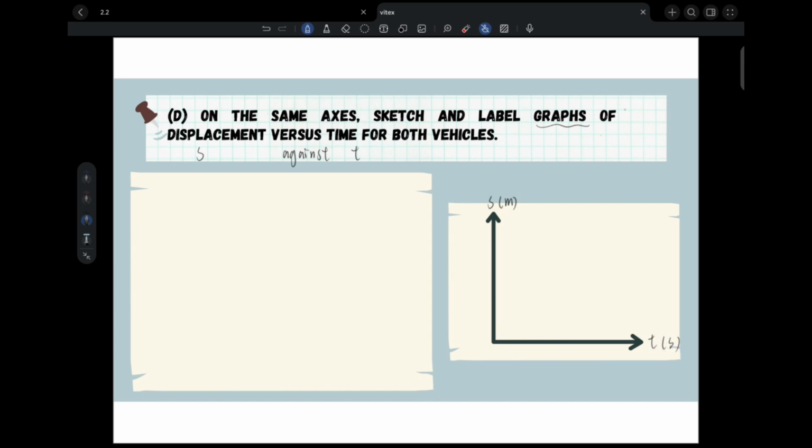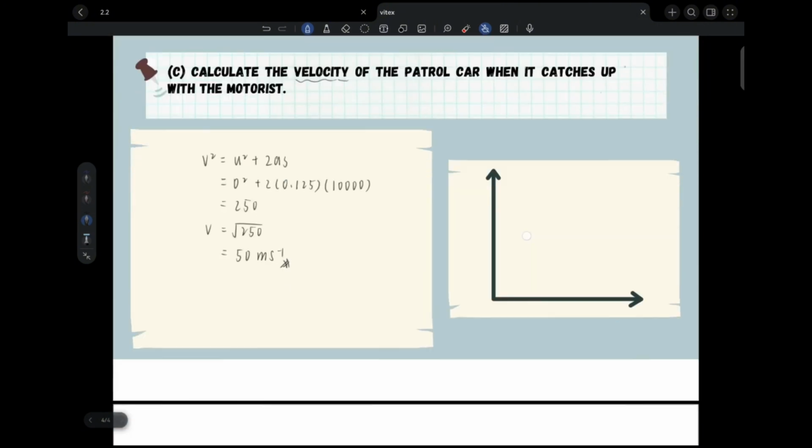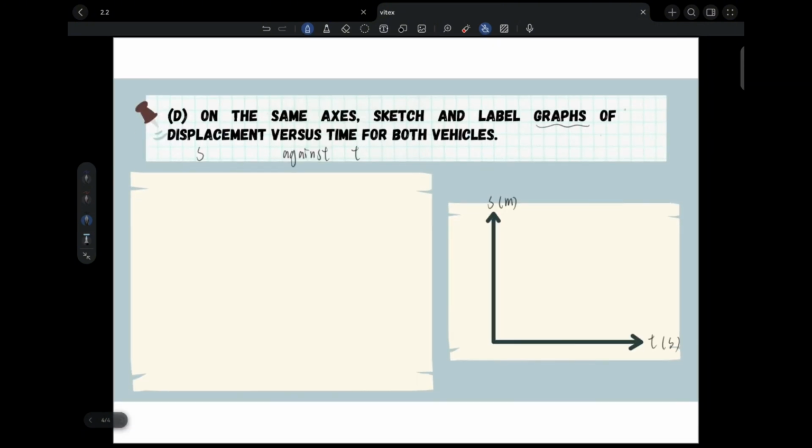Then from the previous question, we know that the displacement traveled is 10 kilometer and the time is 400 seconds. So it's quite simple.